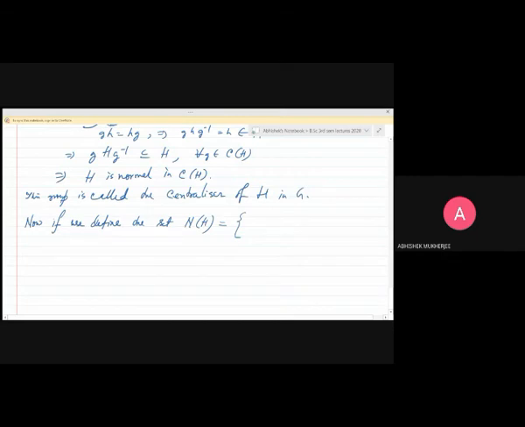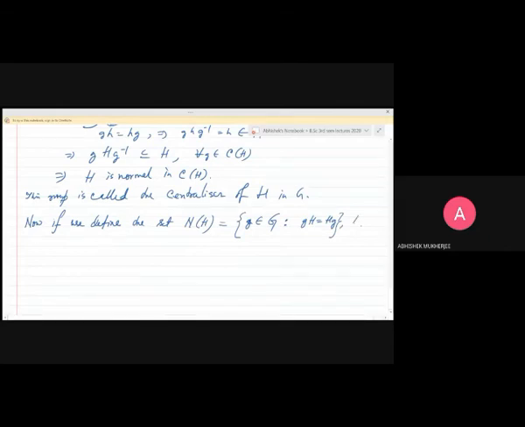N(H) is the set of all those elements of the group G for which the corresponding left and right cosets are equal. That is, gH equal to Hg. So N(H) consists of those elements of the group for which the corresponding left and right cosets are equal.